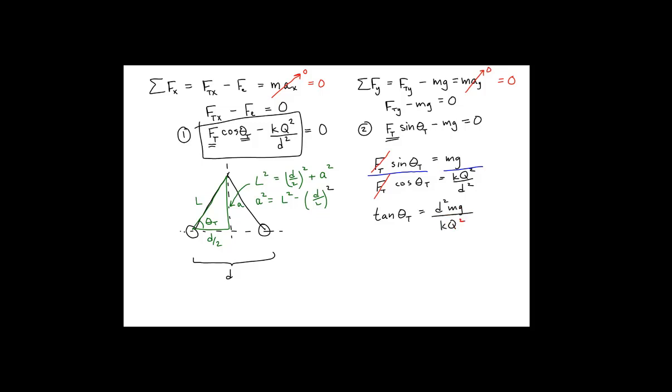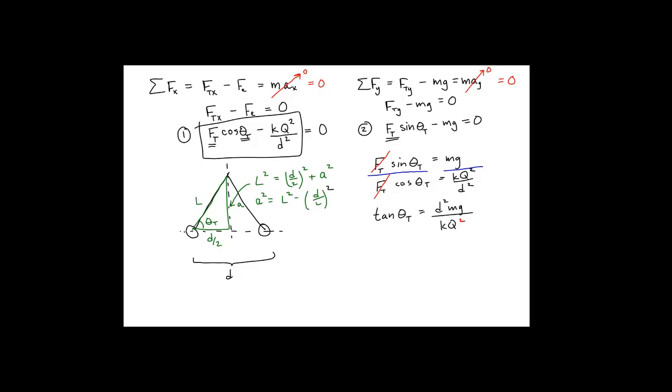So this is what we have so far. The tangent of the angle between the string and the x-axis is equal to the distance between the charges squared times the weight of one of those charges divided by k times q squared.